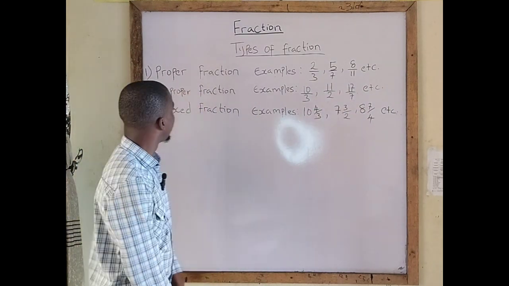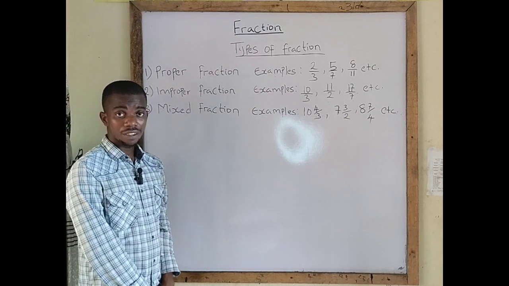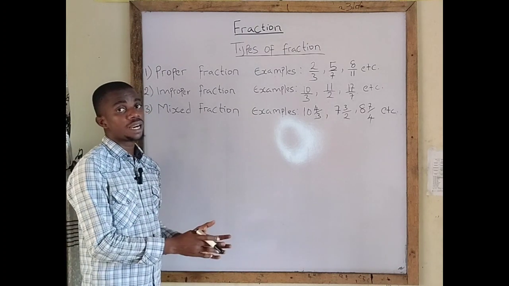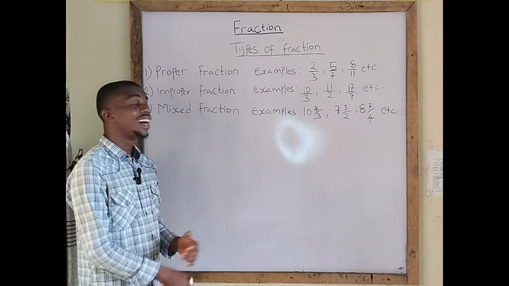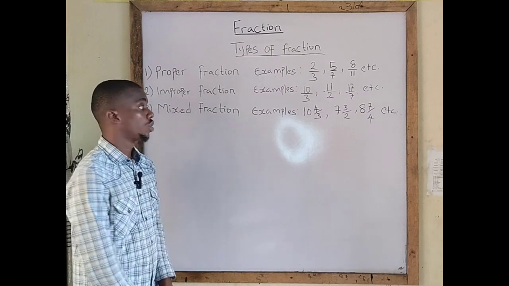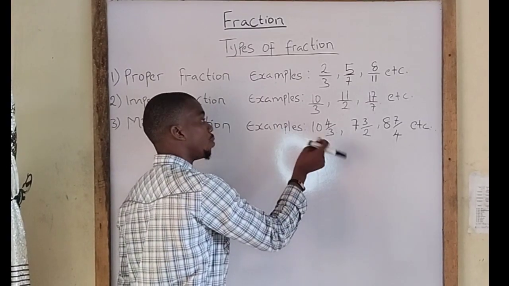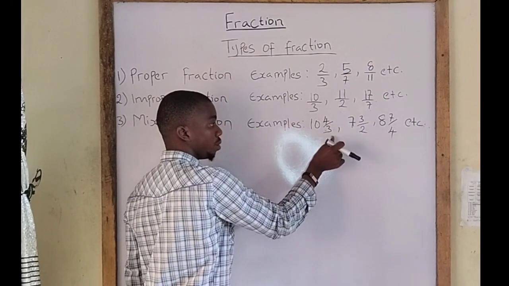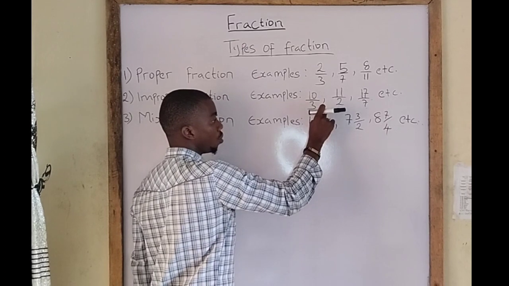The next type of fraction is the mixed fraction. This kind of fraction has a whole number and a proper fraction. For example, we have here 10. This is a whole number. We have here 10 4 all over 3. This is called 10 whole number 4 all over 3.